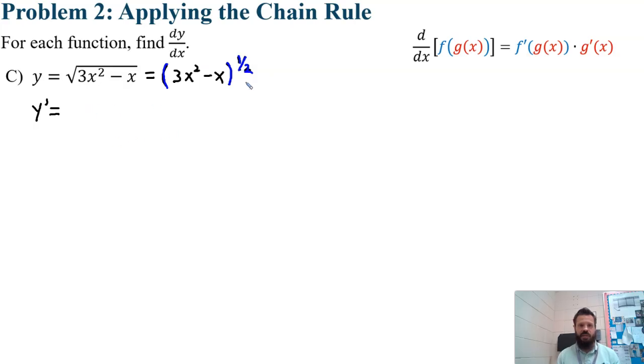Well, using my power rule, that's multiplying by the power, 1/2, and then times, if I take 1 away from that power of 1/2, I'd get a negative 1/2. So we'll go to the negative 1/2 power. And we'll put in those parentheses everything on the inside, my inner function, my g of x, just the 3x squared minus x.